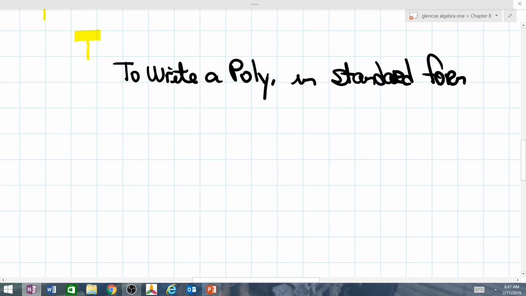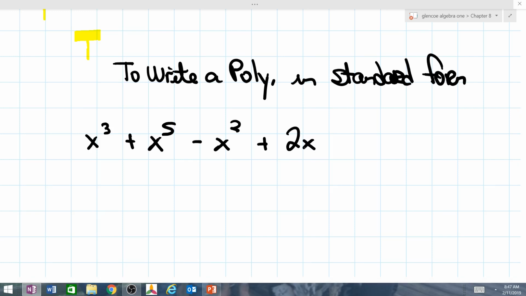Okay, so we have x cubed plus x to the fifth minus x squared plus 2x. Okay, so basically what you're looking for, it's kind of like going back to elementary, is you're looking for the line leader, and we're going to put them in order. So this has a degree of 3, 5, 2, and 1.